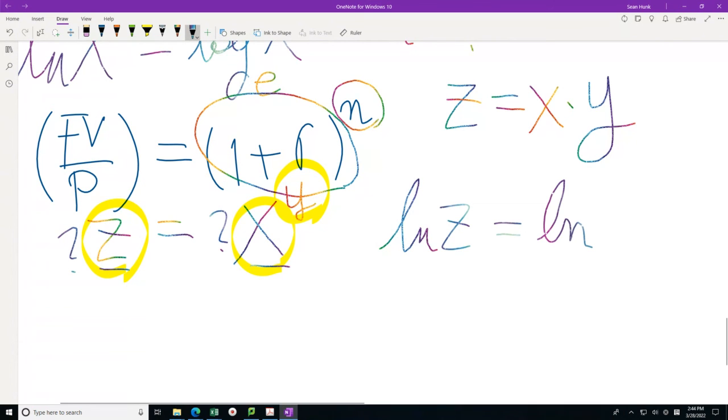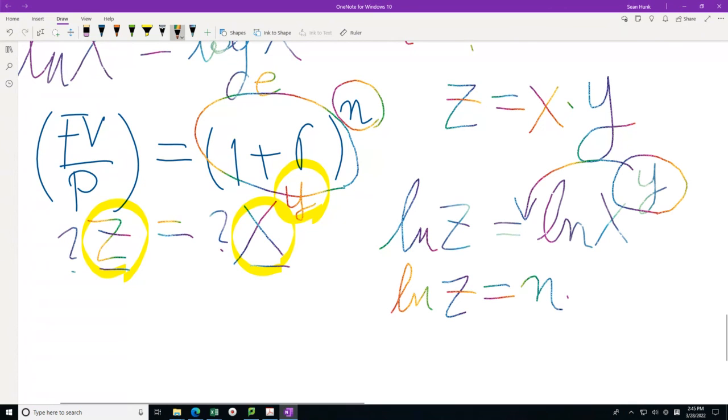because whatever you do to one side of the equation, you must do the same thing to the other side of the equation, right? And what is the property of the log? When we take log, you remember the exponent can be moved down like a coefficient.